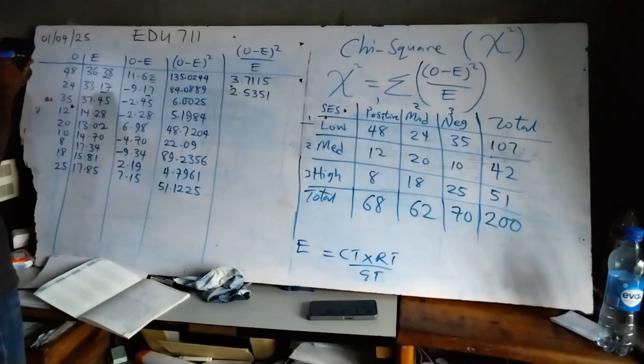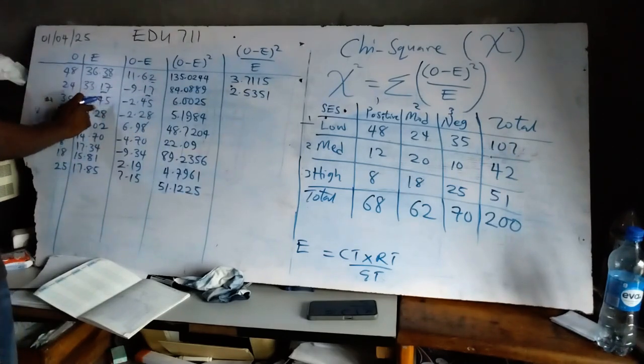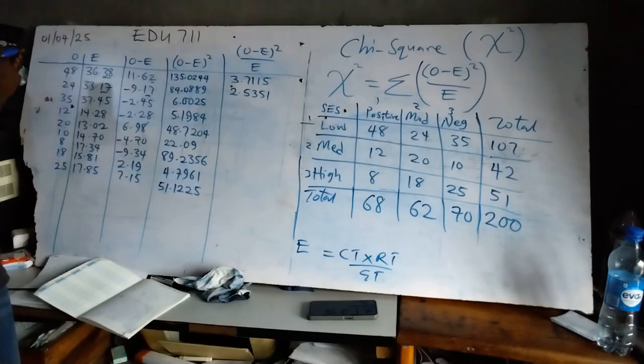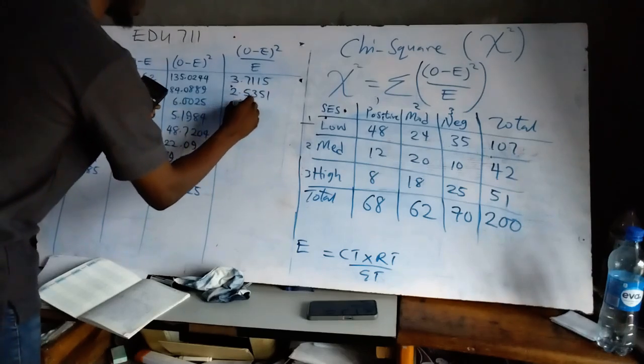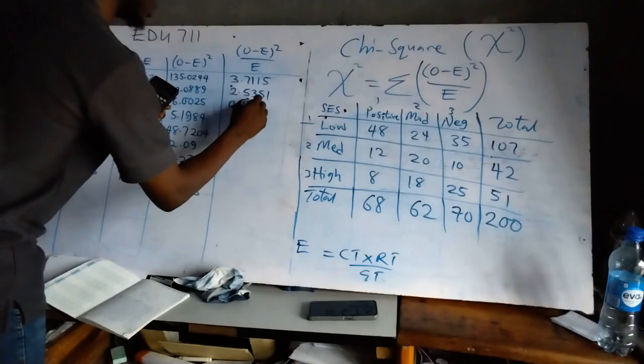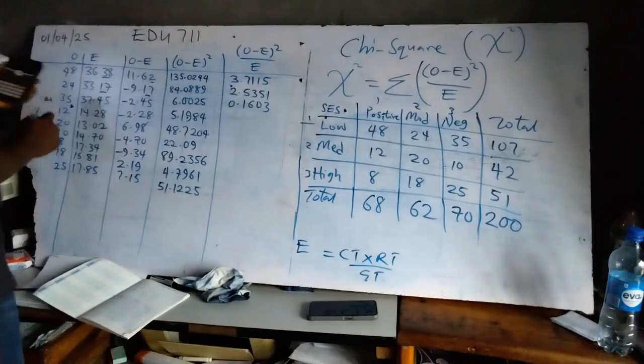Then 6.0025 divided by 37.45, that is equal to 0.1603.